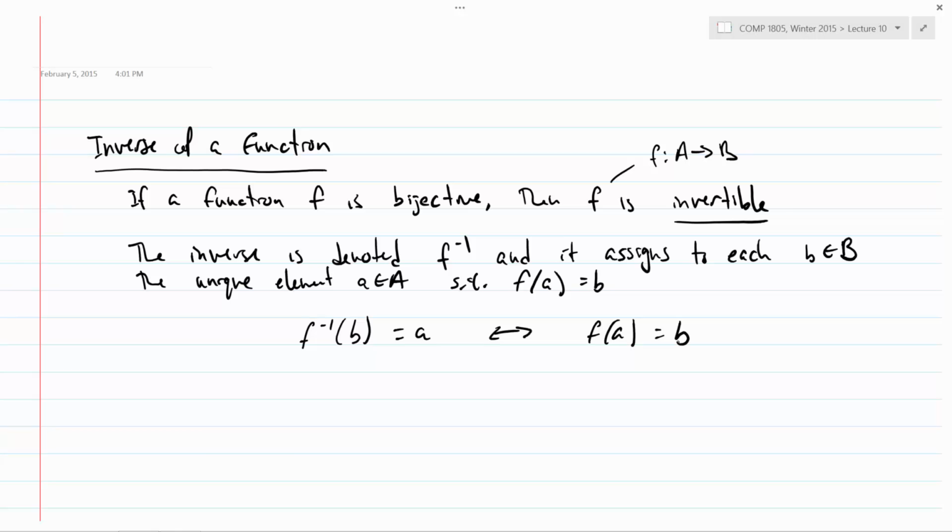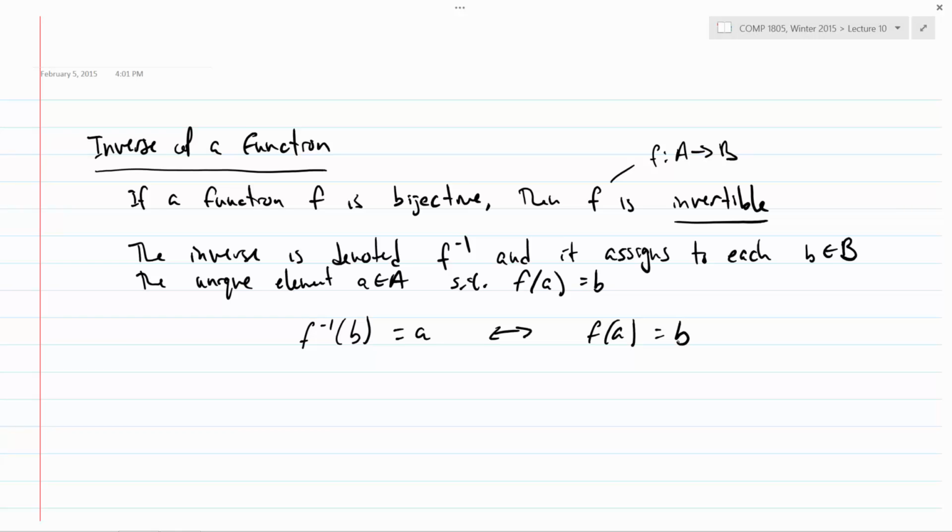Why does it have to be injective? Any ideas? Yeah? So that, say, getting the inverse of b means that it will lead back to a single value of a. Exactly. It leads back to a single value. Because if it weren't injective, it could lead to two values, and that would be bad. Right?